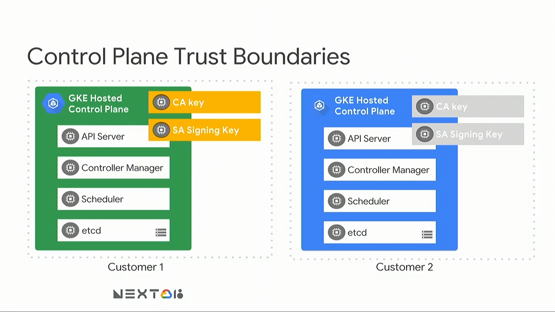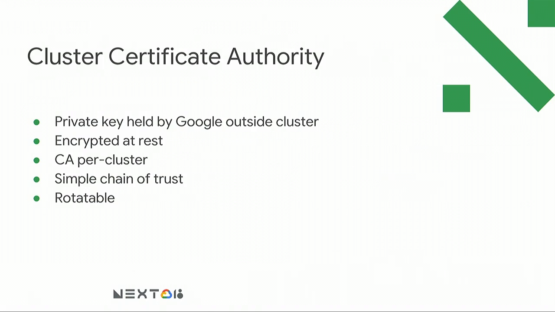That means that the API server that you talk to is entirely yours. The etcd database that houses your Kubernetes API resources is all yours. And then the add-ons that run in your cluster are all yours. The Kubernetes API that you talk to is the same Kubernetes that you would get running it yourself, but on GKE, that's all managed by Google.